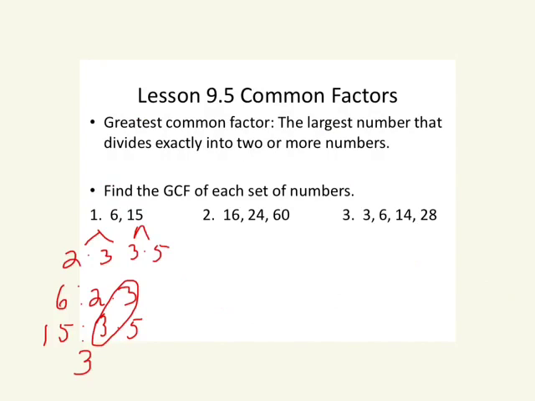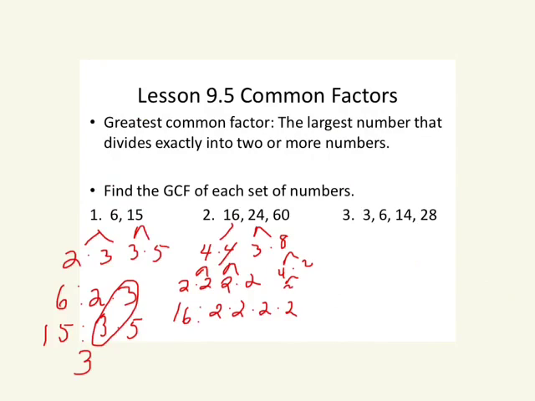So in the next ones, we have 3 numbers. I do the factor trees. Well, 16 is 4 times 4, which is then 2 times 2, and this is 2 times 2. So then 16 is 2 times 2 times 2 times 2. Then we have 24. Well, that's 3 times 8, and that's 4 times 2, and that's 2 times 2.